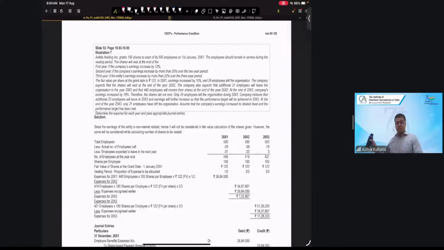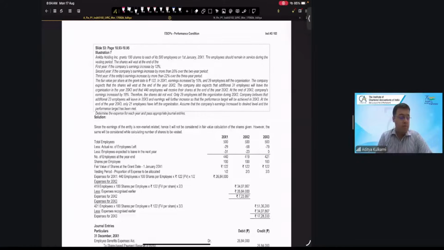Now, when you talk about accounting for non-market linked performance condition, then how will you account for it? Principles remain the same, but at the end of every year, you will see whether the entity will approach the non-market linked performance condition or not.